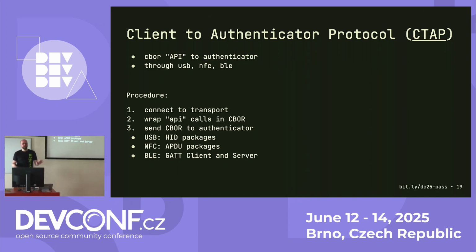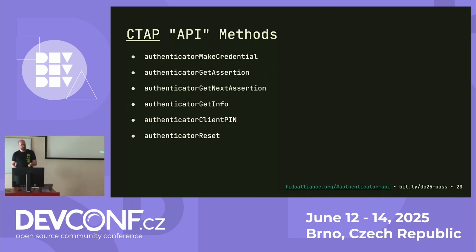Okay. So now we have CTAP. Let's take a look at what are the actual things we can do inside the CTAP protocol. So what are the method names, right? We can make a credential, we can get the credential or the assertion of the credential. If we have multiple ones, we can get them iteratively after each other.